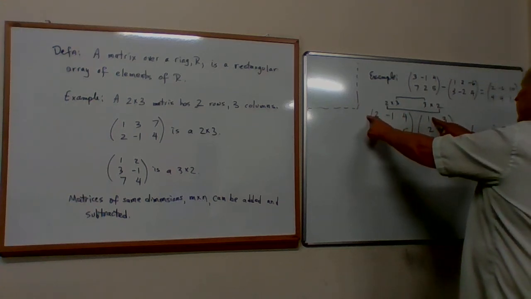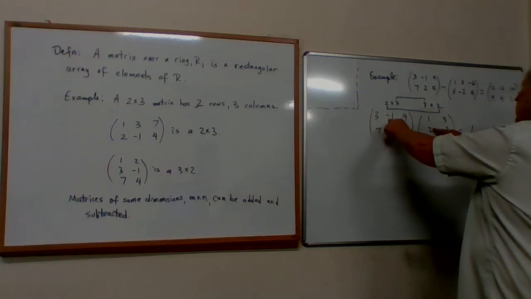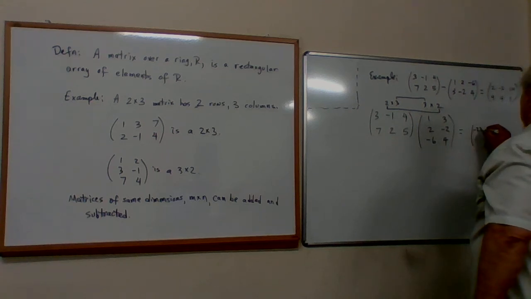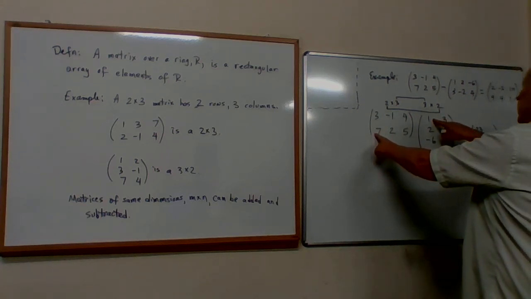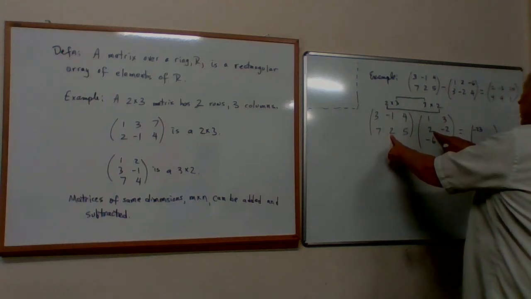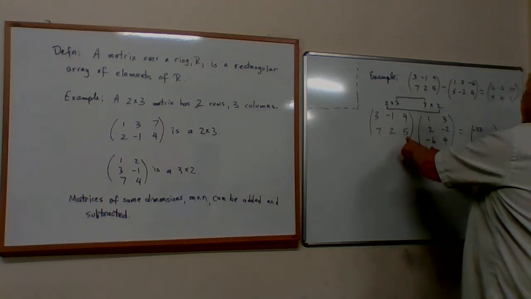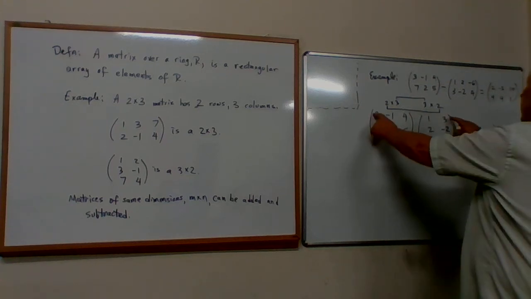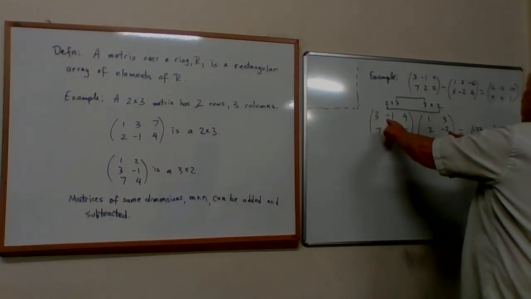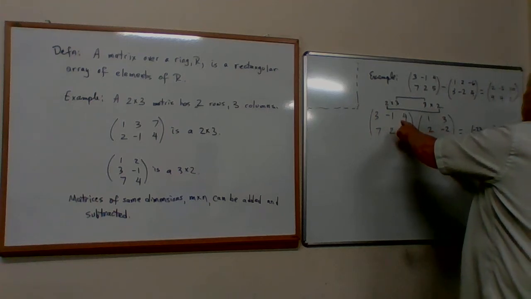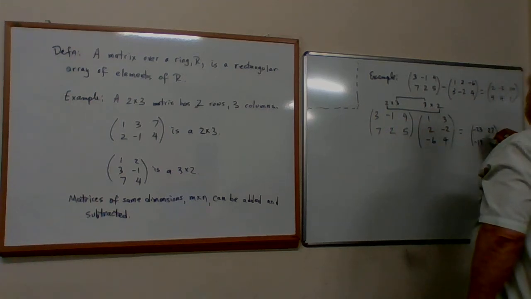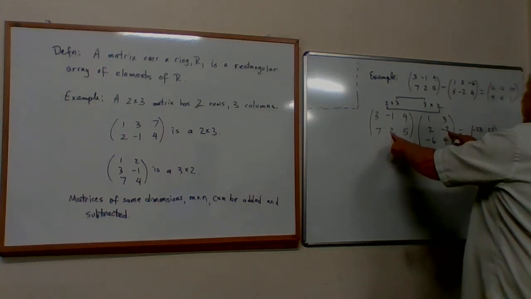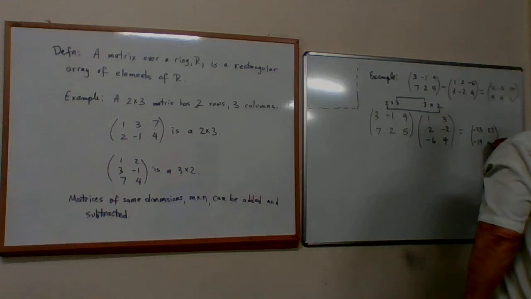So that's 3 minus 2 is now 1, minus 24 is -23. 7 plus 4 is 11, minus 30 is -19. 9 plus 2 is 11, plus 16 is 27, and 21 minus 4 is 17, plus 20 is 37.